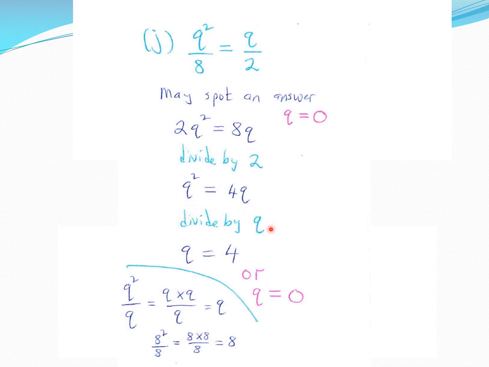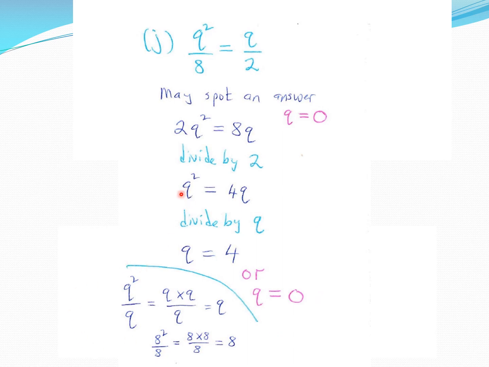And we can assume that q is not 0. We already know q is equal to 0, so we're dividing by the non-zero answer for q. So q squared is the same as q times q. But if you divide by q, you just get a single q. And what's 4 times q divided by q? It's equal to 4. So q is equal to 4, or the second possibility for q was that it was equal to 0.